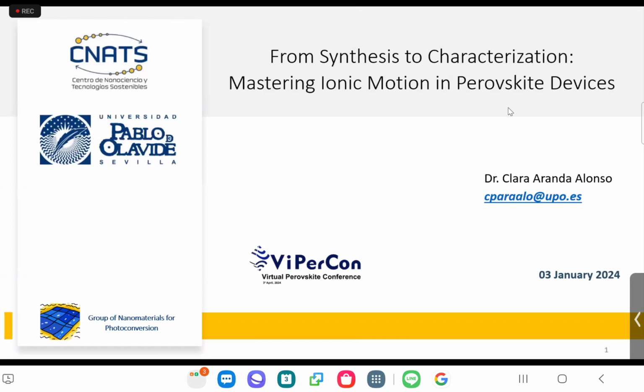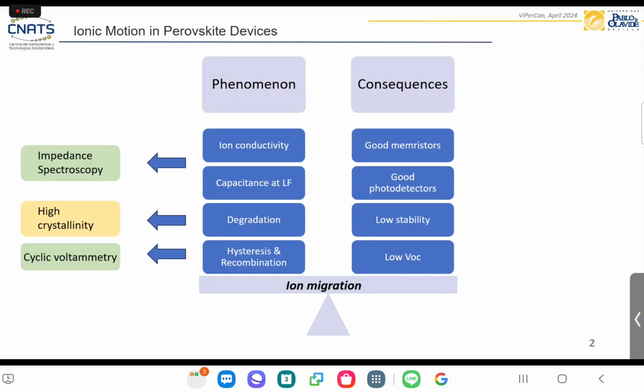Yeah, I will talk today about the ionic motion in perovskite devices, but making a focus on the importance of the synthesis of a high-quality material to have a good characterization and reliable results. As you already know, the ionic motion has a lot of effects in perovskite devices.